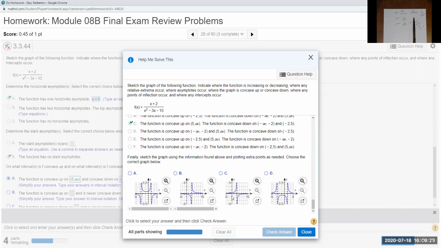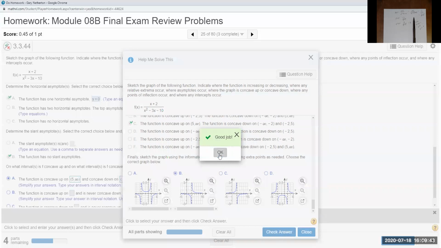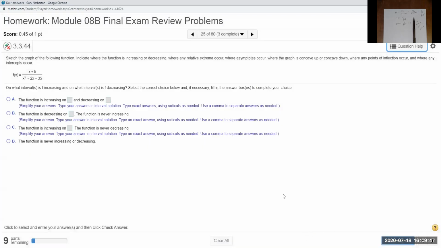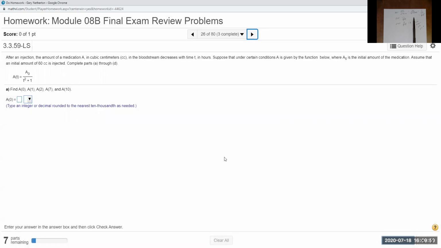I've got one asymptote and a hole here, and I know it's concave down. It's got to be this one. All right, that was pretty tricky. So that was 25. I think we'll probably stop now. Let's see what the next question is. All right, we'll stop now and we'll continue on with the next video.